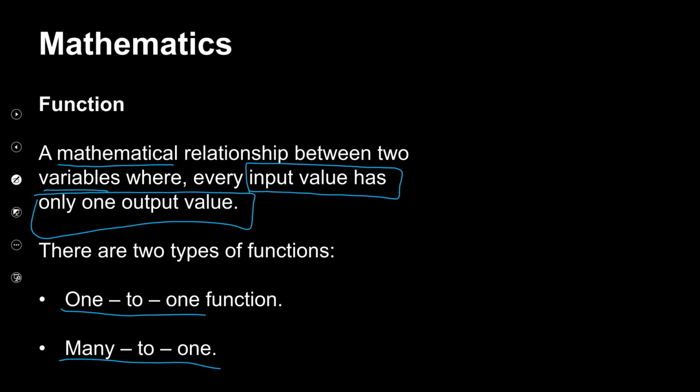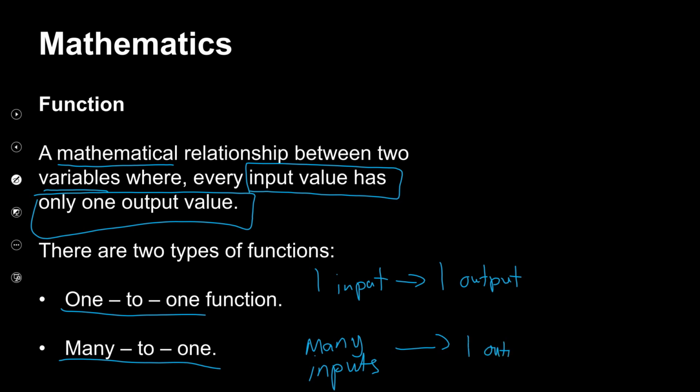A one-to-one simply means that one input value corresponds with only one output value, right? And a many-to-one means that you can have many inputs which will correspond with one output, right? So you need to make sure that you are clear on that.